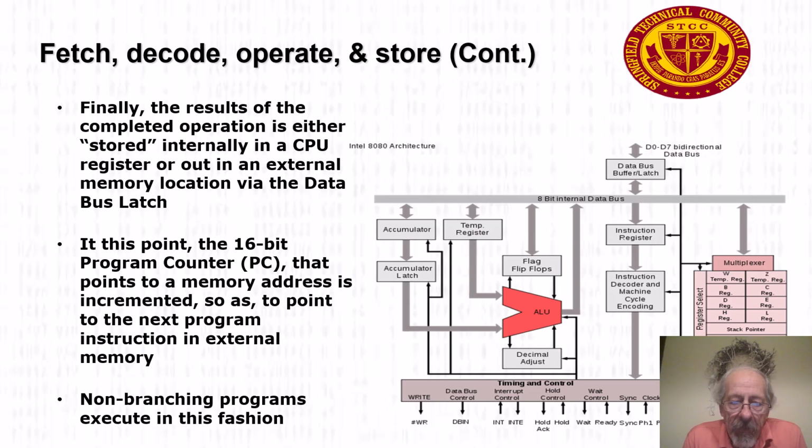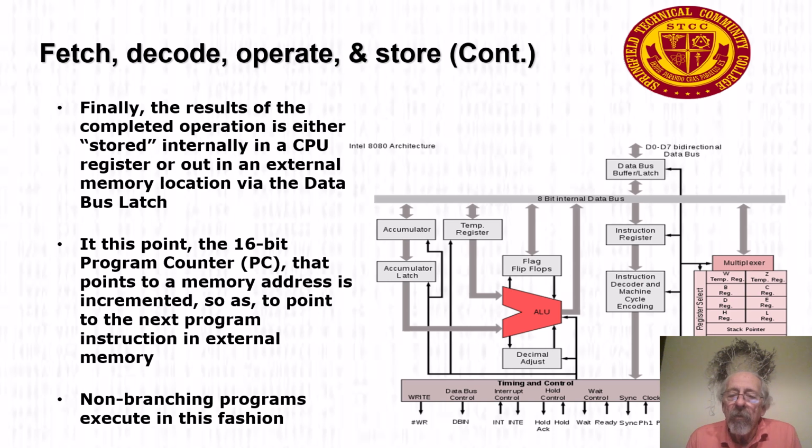At this point, the 16-bit program counter, that's called the PC, on the right hand, the light red or pinkish unit over on the right hand side of the picture, points to a memory address, and it is incremented so as to point to the next program instruction in external memory.